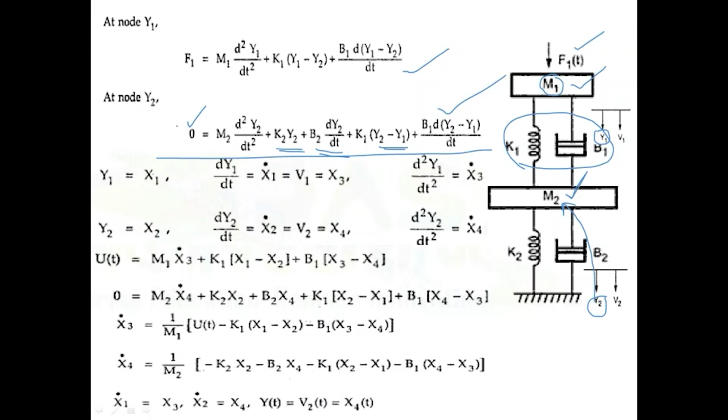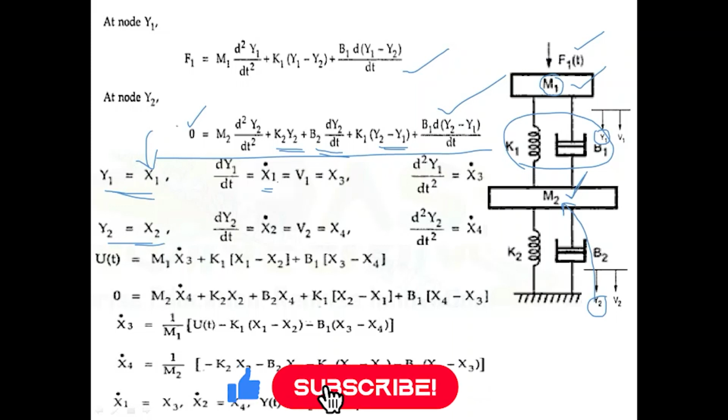Now, change the physical variables in the expression into state variable notation. We know that the displacement y1 is taken as x1, y2 is taken as x2. Now, dy1 divided by dt is nothing but x1 dot. Somehow I need to find x1 dot, x2 dot, x3 dot and x4 dot. Here we know y1 is equal to x1, therefore dy1 divided by dt is equal to x1 dot.